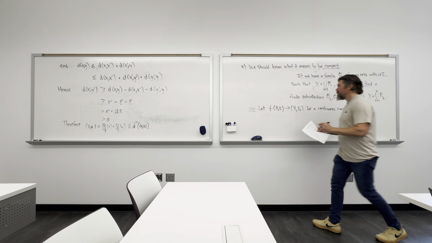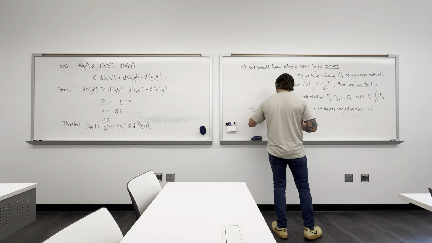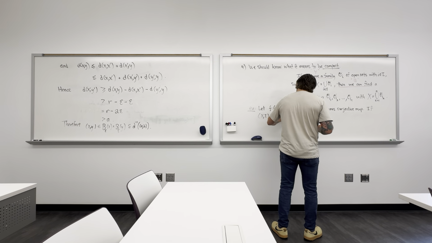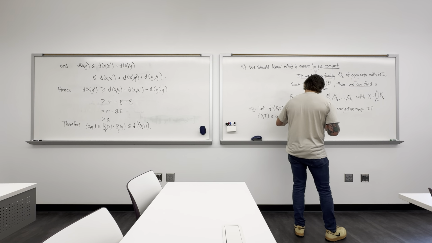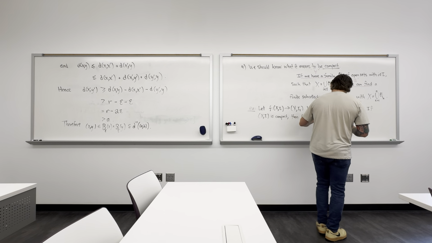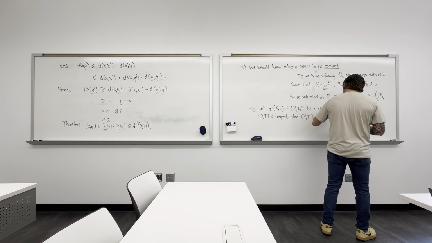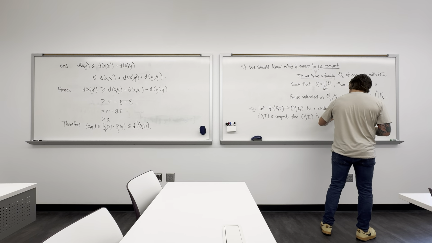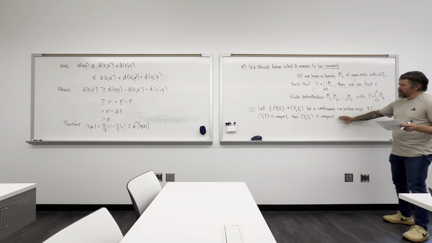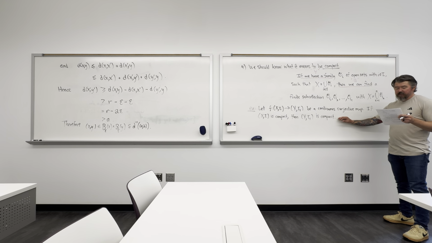If (X, tau) is compact, then it must be the case that (Y, tau 1) is compact. And you can find this example in the book, on page 181.